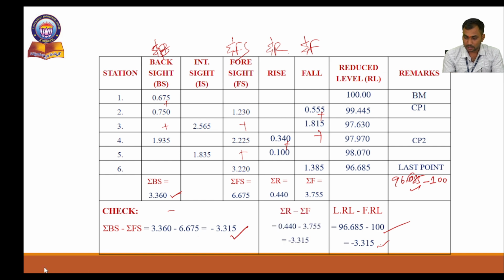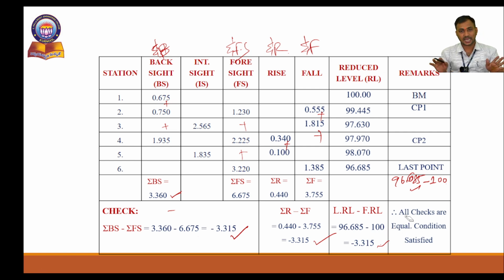Next, summation of rise minus summation of fall, nothing but 0.440 minus 3.755. The value we also got is minus 3.315. Therefore all checks are equal, so the condition is satisfied, and the problem is clearly correct.